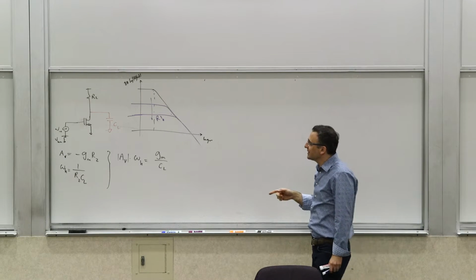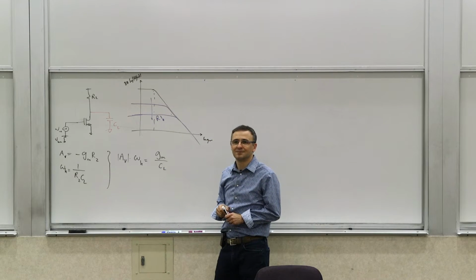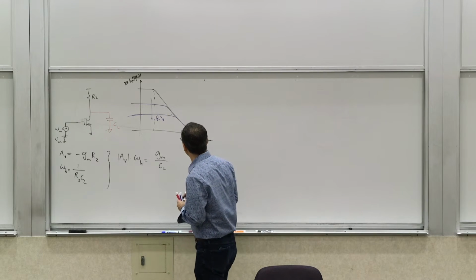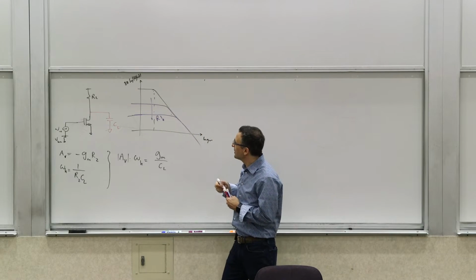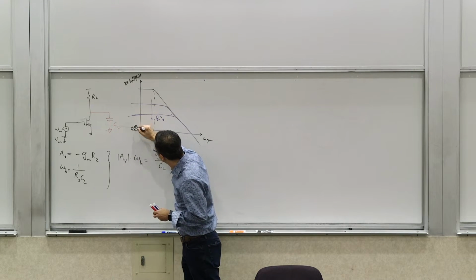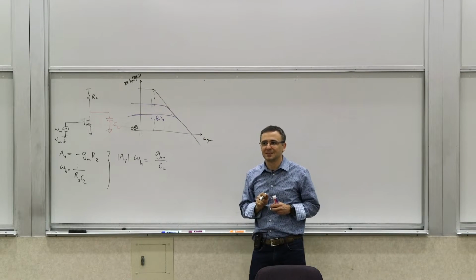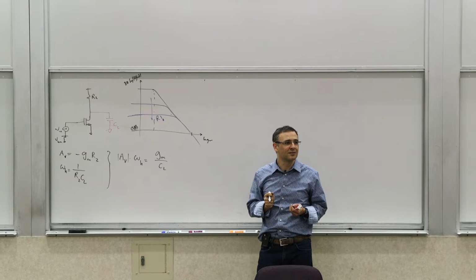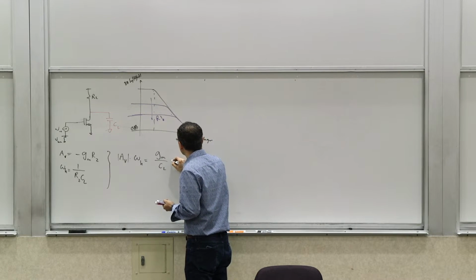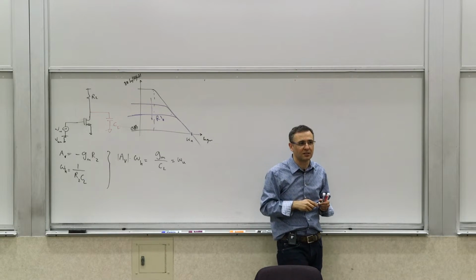In fact, if you look at this gain bandwidth product, where is that on this plot? Do you agree that if this was 0 dB, meaning a gain of 1, this point is this product? Because that's where the gain is 1. And we call it omega unity gain bandwidth, or unity gain frequency, omega u.